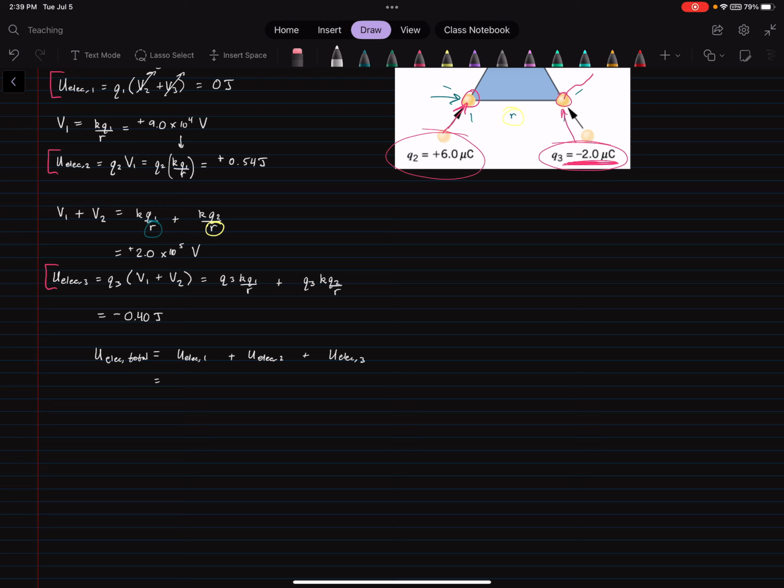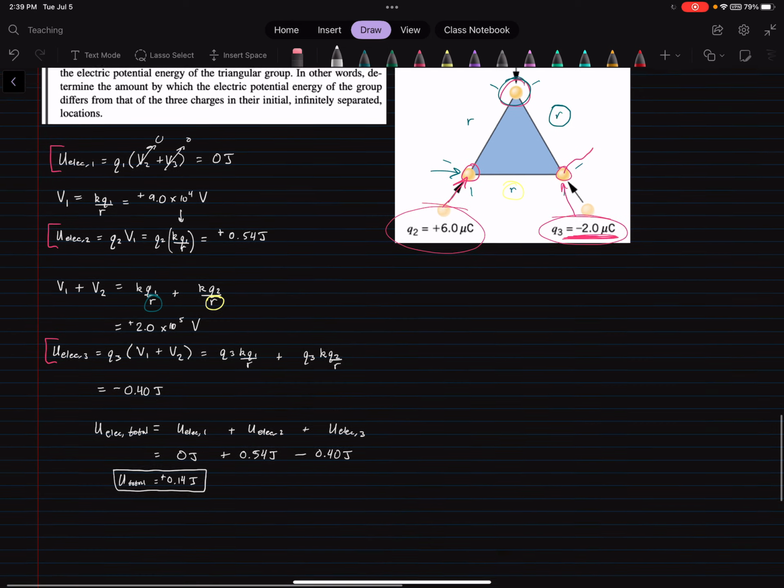And so that is 0 joules plus 0.54 joules, and then minus 0.40 joules. And if you add all that up, you should get a positive 0.14 joules U total. And in fact, since there is no other form of potential energy, we don't actually even need to specify electric, but that is what it's due to.